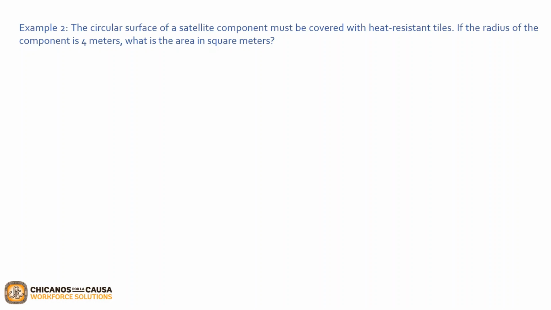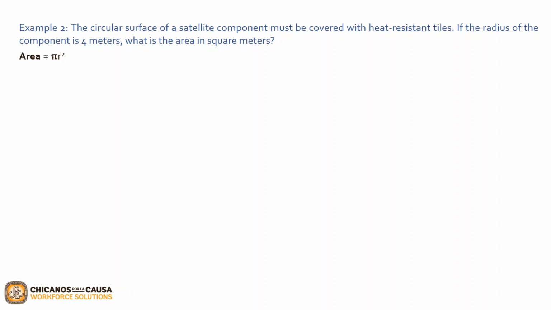The circular surface of a satellite component must be covered with heat-resistant tiles. If the radius of the component is 4 meters, what is the area in square meters? So in this example, it's asking us to find the area. The formula for finding the area is pi times radius squared.